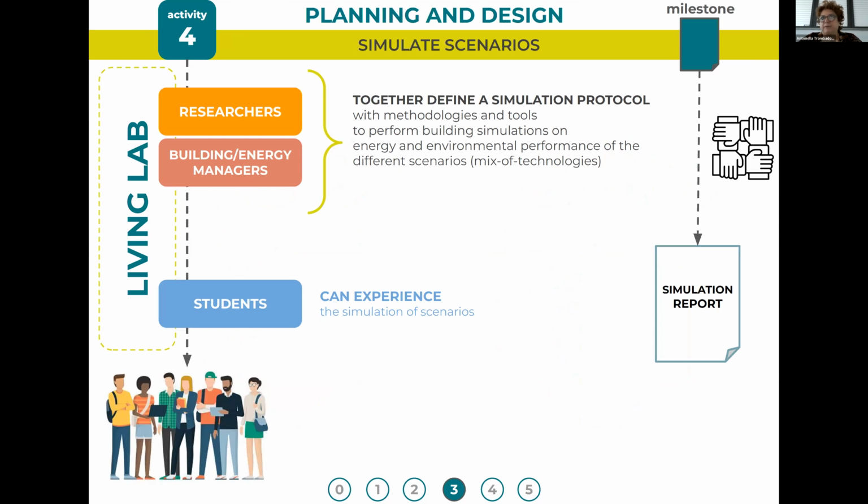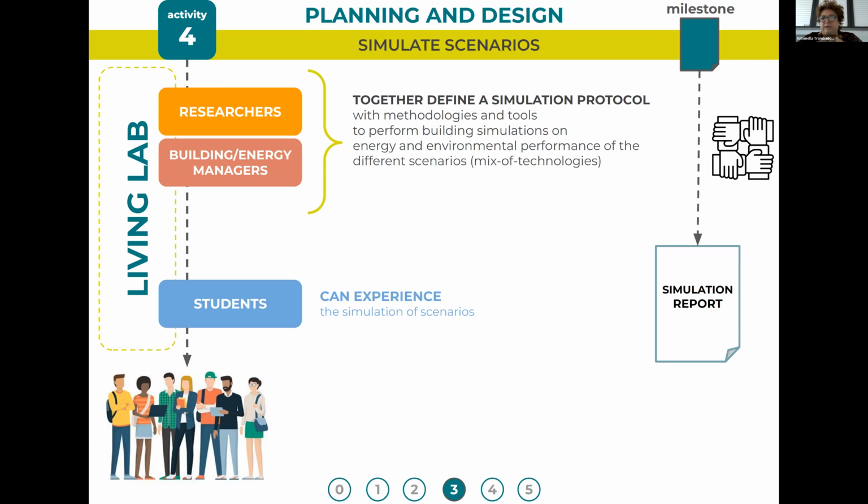All together, especially researchers, building energy experts, and of course the company, to define the methodology, to select the best tool, to have the graphic simulation of the building, but also to evaluate the energy performance of the building, and to create the different scenarios with a mix of technology.